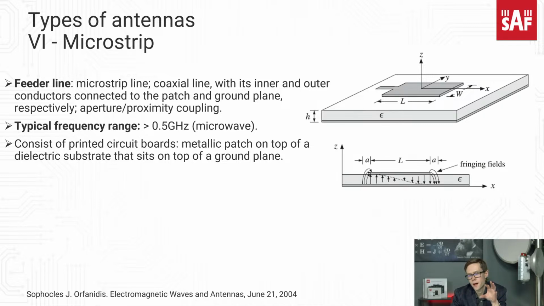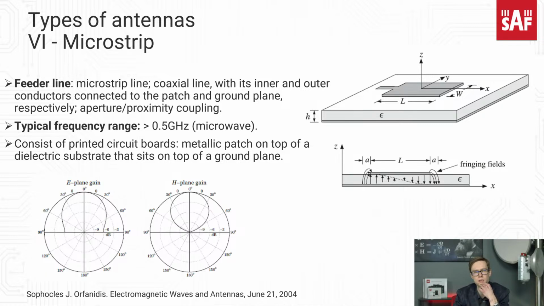And the height of the substrate can be just a small fraction of a wavelength, while the length of this patch can be approximately half a wavelength of the frequency to be transmitted. It produces something that we call the fringing fields, which are the origin of the electromagnetic radiation in this case. And here is how the radiation pattern looks in the elevation plane and in the horizontal plane.